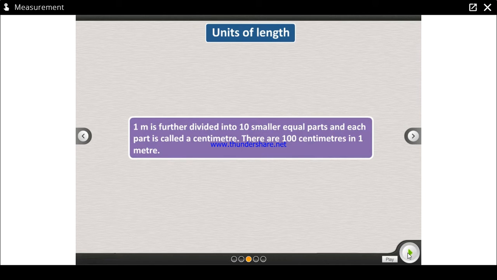Then 1 meter is further divided into 100 smaller equal parts, and each part is called a centimeter. There are 100 centimeters in 1 meter.